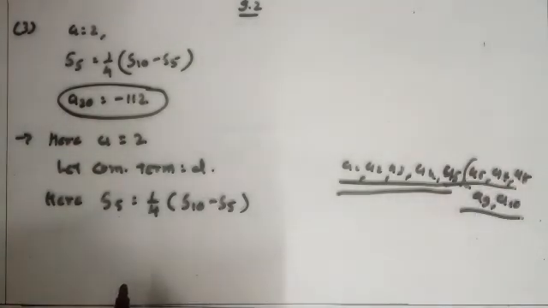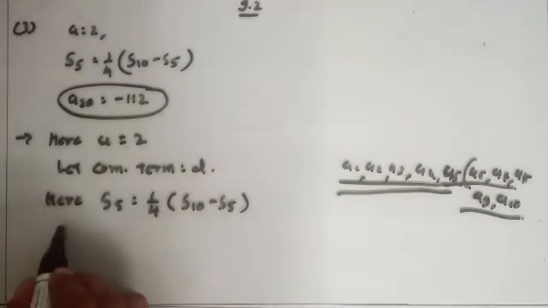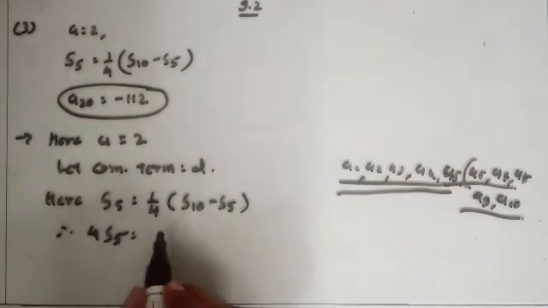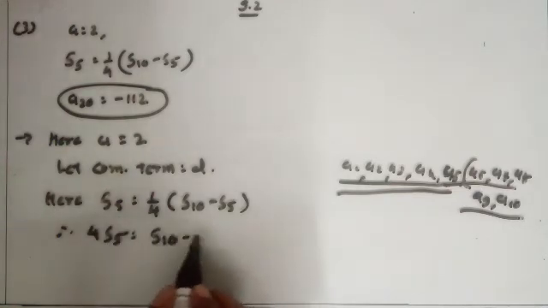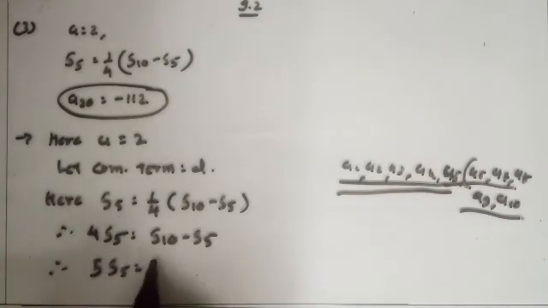Clear? Now simplify this. 4 take this side, so 4 into S5 is equal to S10 minus S5. Therefore S5 take this side, so it becomes 5S5 is equal to S10.